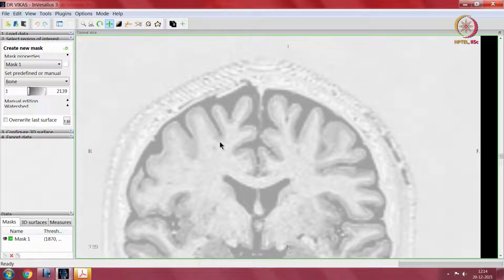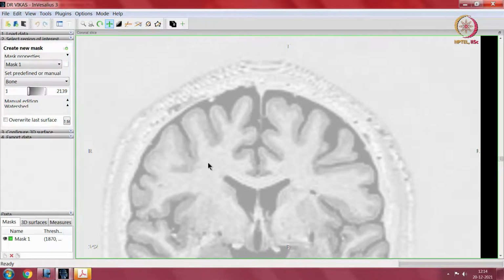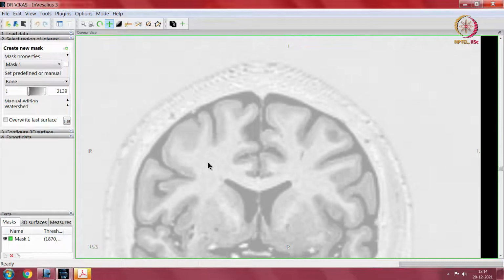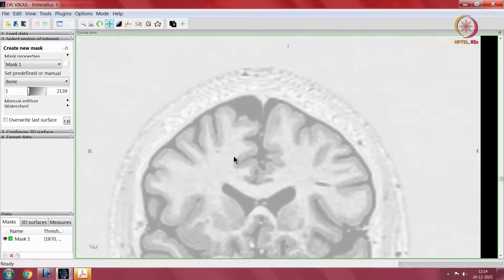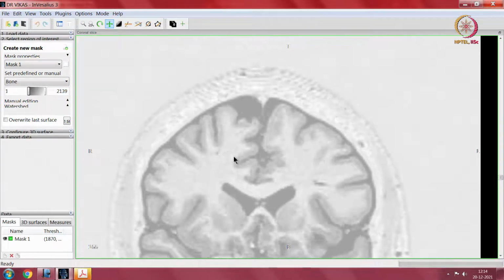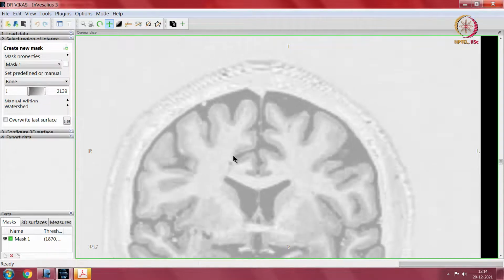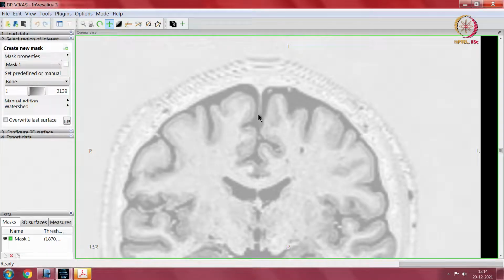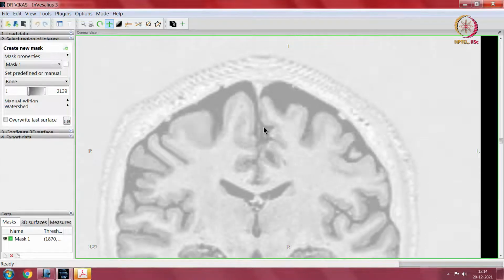So, this is one hemisphere, this is another hemisphere. So, I told you a person is looking towards you. So, this is the left, this is the right side of the cerebrum. I am using the term cerebrum because it is the upper part of the brain. So, we go back, cerebrum, cerebrum, cerebrum, we can see the falx continuing.